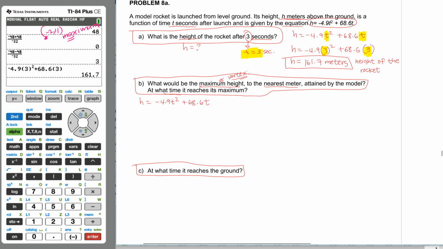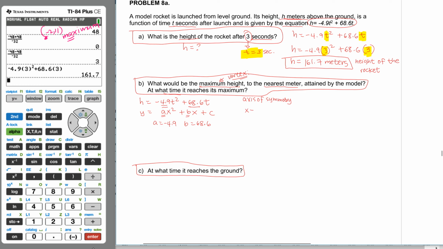I like to write the standard form, y equals ax squared plus bx plus c. So a is equal to negative 4.9, b is equal to 68.6, and c is 0. I don't need c.